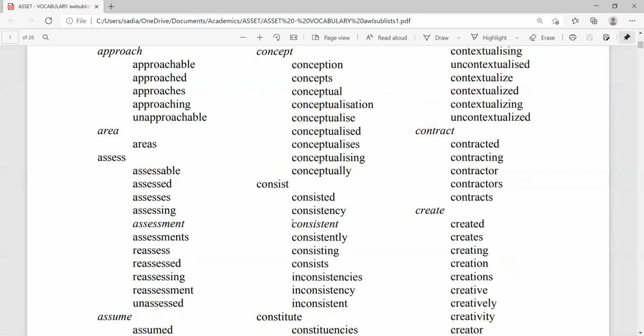Consist, consisted, consistency, consistent, consistently, consisting, consists, inconsistencies, inconsistency, inconsistent.